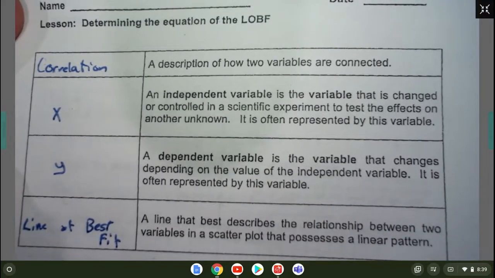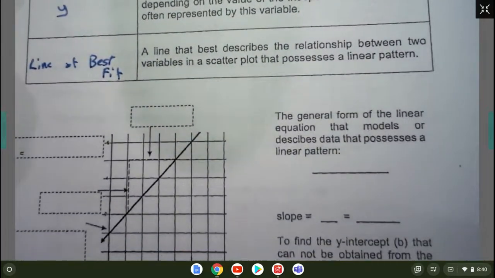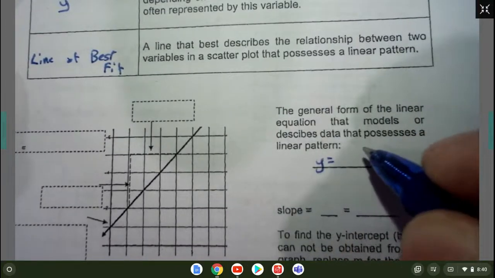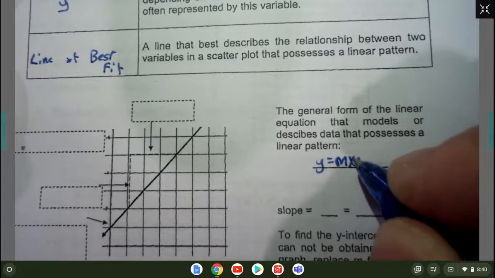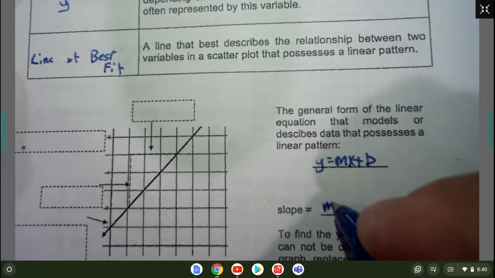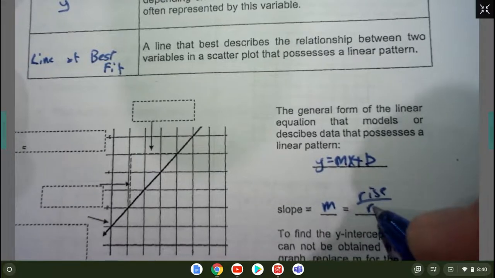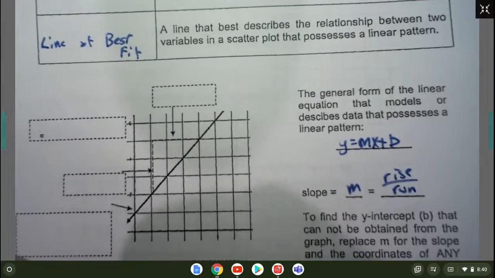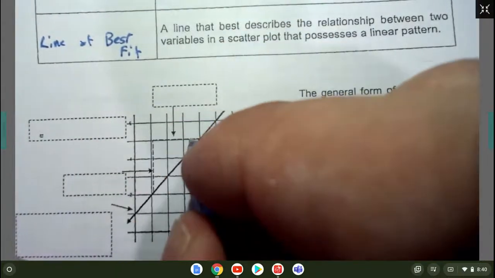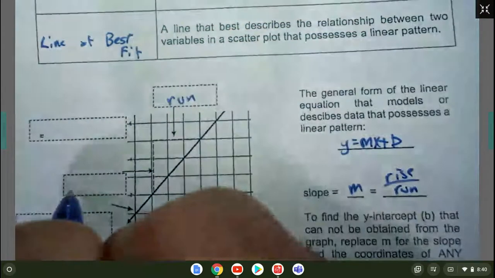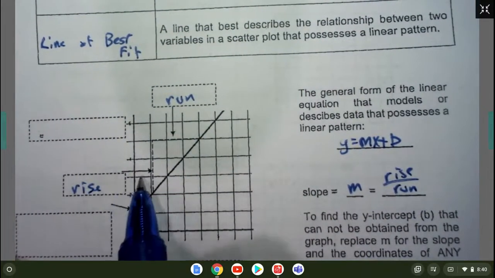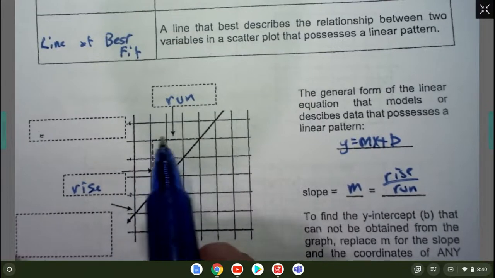General form of the linear equation that models or describes data that possesses a linear pattern. I think we're looking there for our y equals mx plus b. Slope is our m. We use rise over run for that. So this would be our run, right there. This is our rise. That's our rise, that's our run.